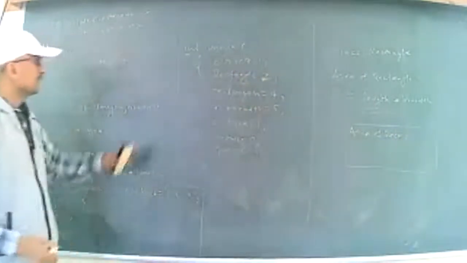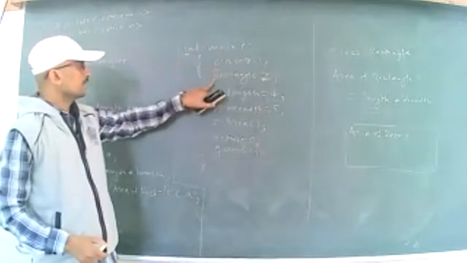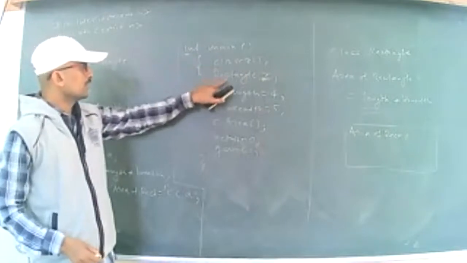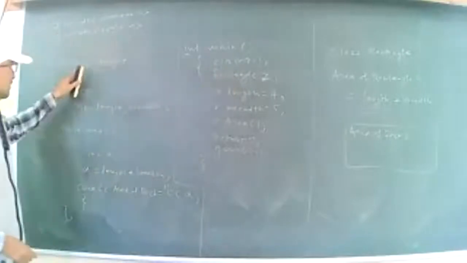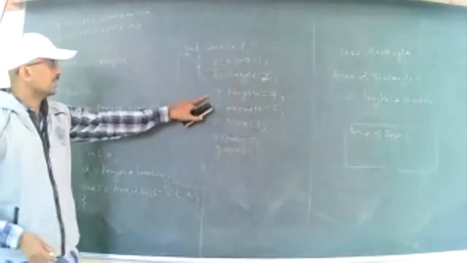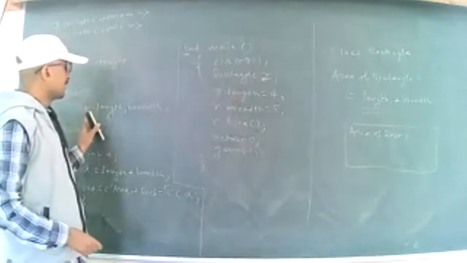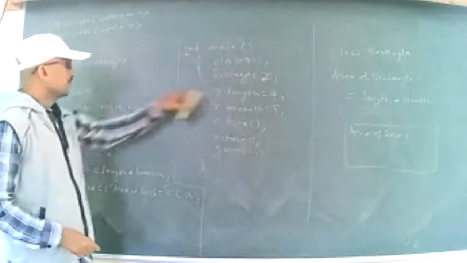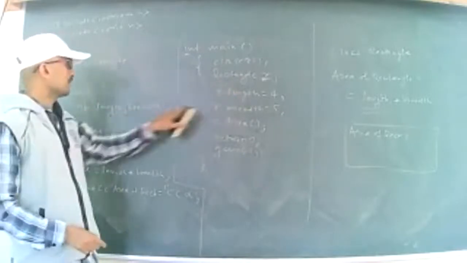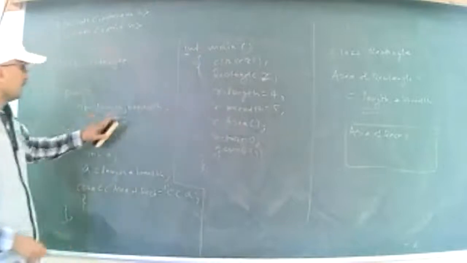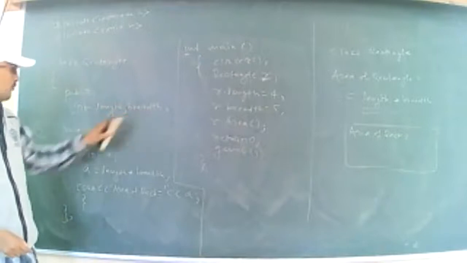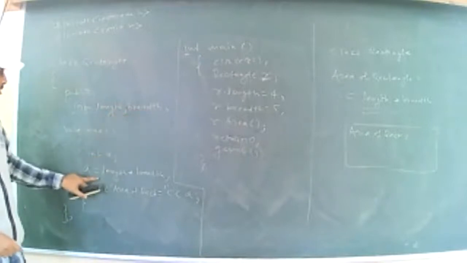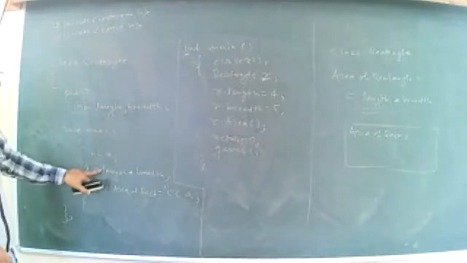Now see the working. You have just declared one variable with data type Rectangle. You have initialized the length of that Rectangle object to 4 and breadth to 5. Now the value of length is 4 and the value of breadth is 5, and they are going to be used in your program.